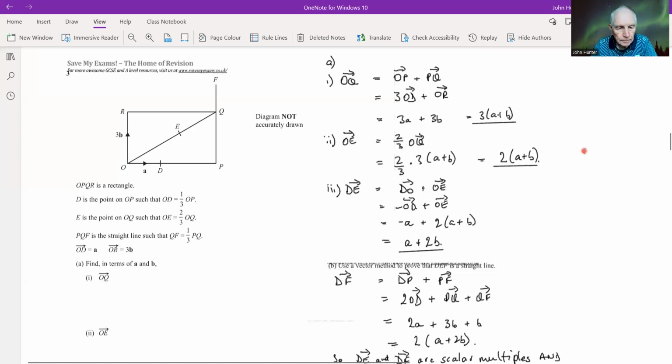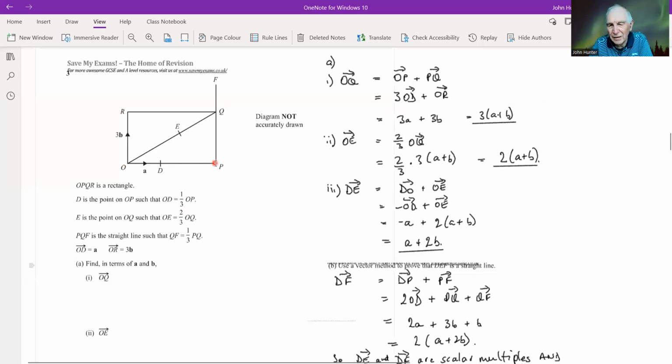So that's part 1. OQ, right, we can expand our OQ. Just look at it a different way. If we want to get from O to Q, then we can do it by going along this route, OP plus PQ. Now we've got to use a bit of imagination because we don't know PQ at the moment. We don't actually know OP directly, but we did observe before that OP is actually 3 times OD.